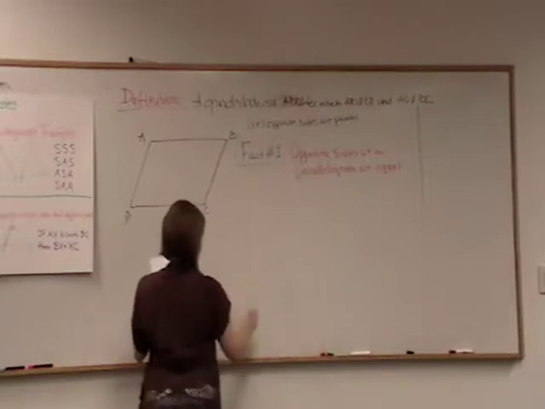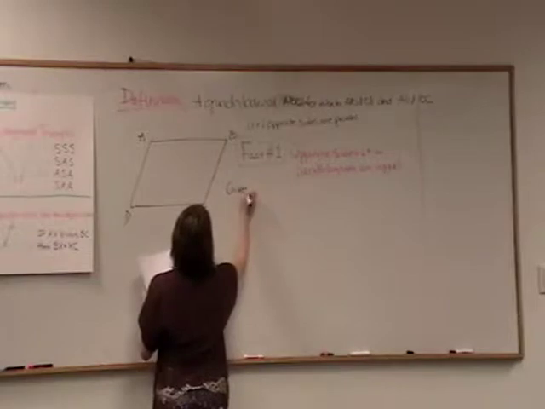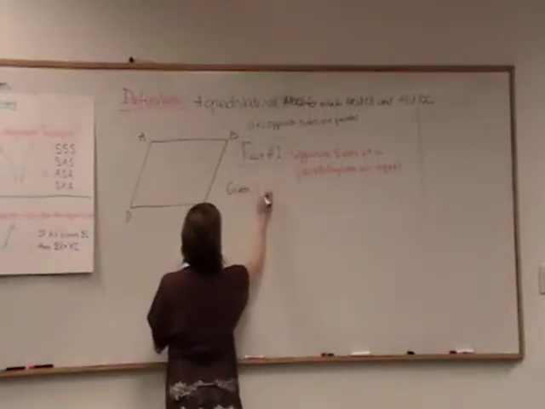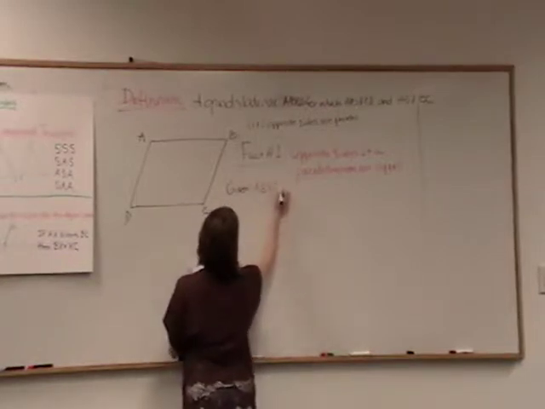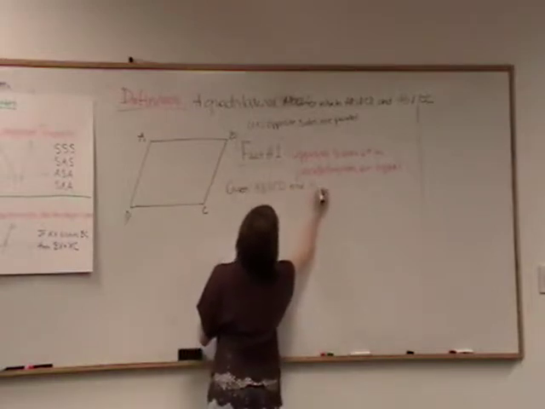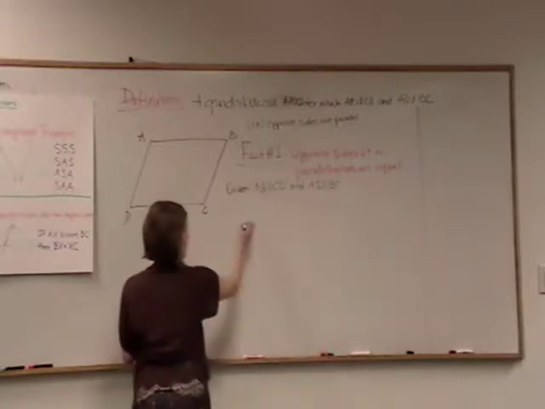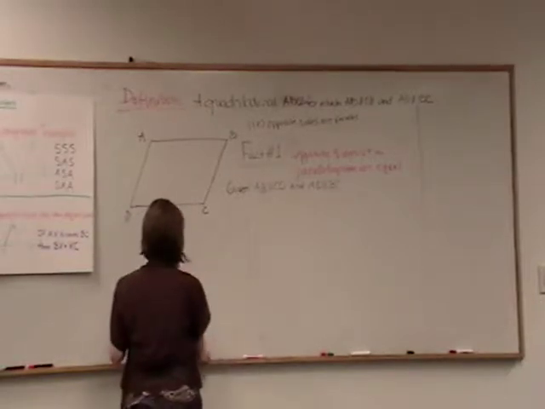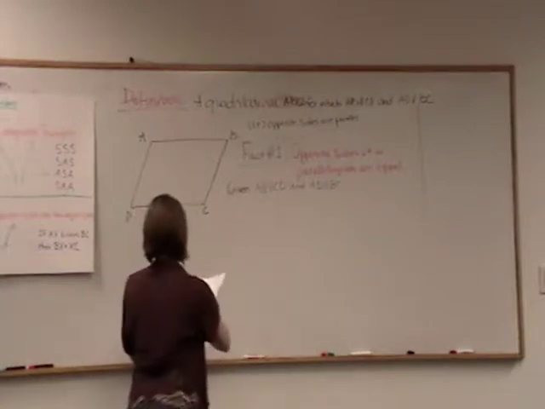So we are given, using this arbitrary parallelogram over here, that AB is parallel to CD and AD is parallel to BC. By the way, this funny symbol is a shorthand version for parallel. I'll be writing that over and over again today.